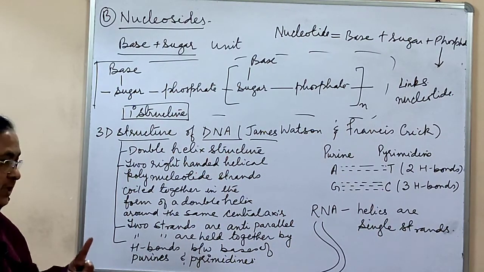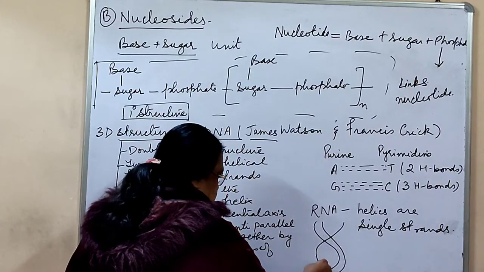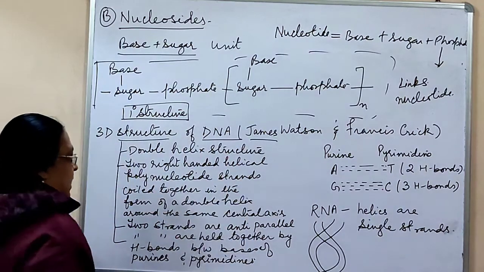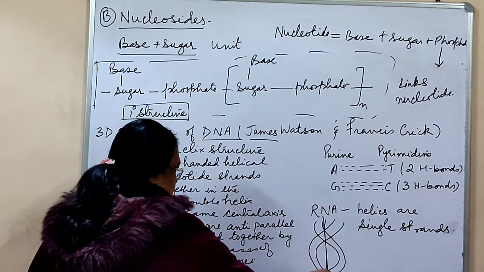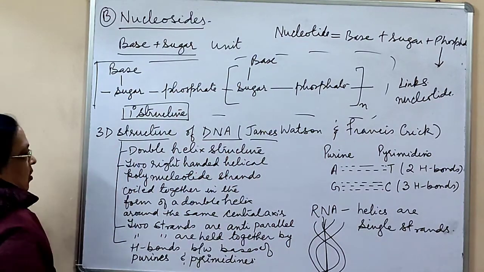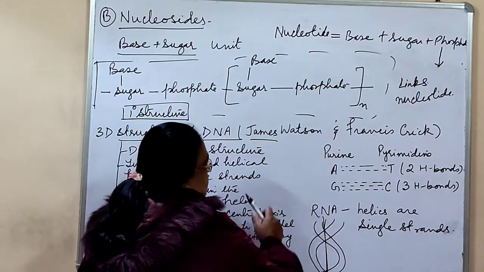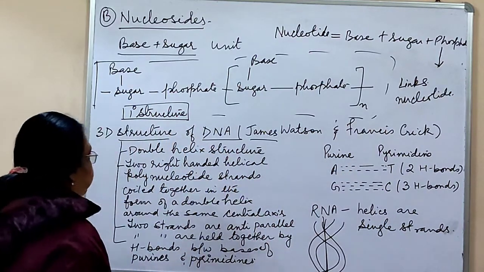This strand is coiling, one strand coiling against the other, around the same common axis. That gives it a 3D, complicated structure, which was given by James Watson and Francis Crick. You should know the names.